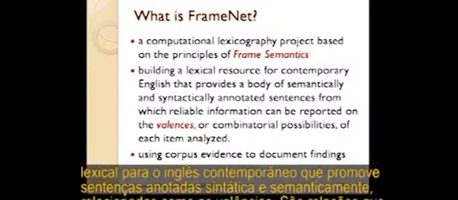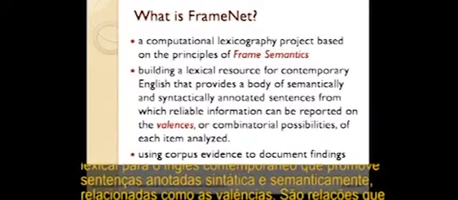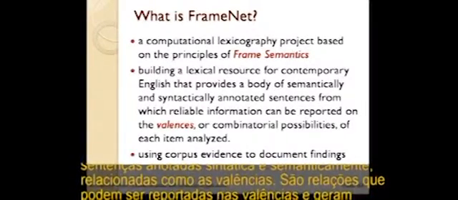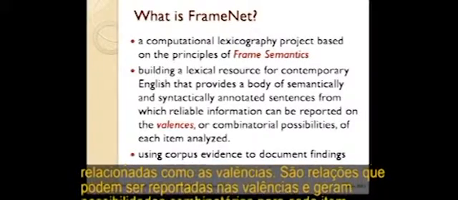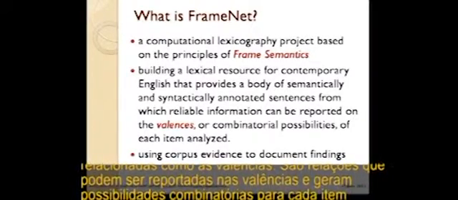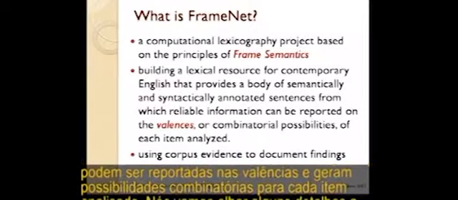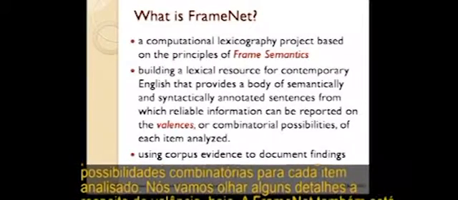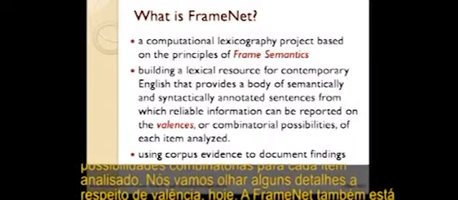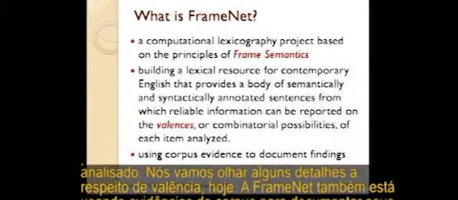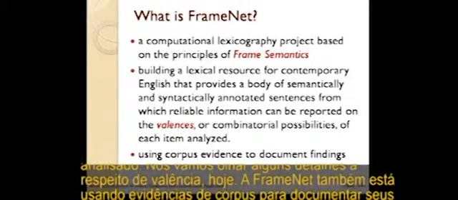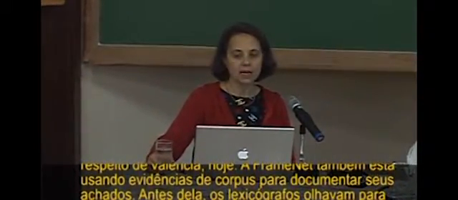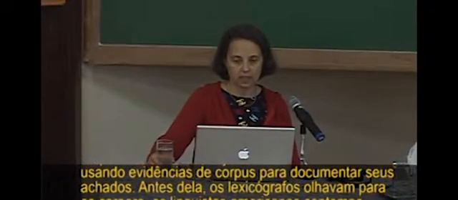The project is building a lexical resource for contemporary English that provides a body of semantically and syntactically annotated sentences from which reliable information can be reported on the valences or combinatorial possibilities of each item analyzed. We talked a bit about valences yesterday, and we're going to go into some further detail about valences today. FrameNet is also using corpus evidence to document its findings.